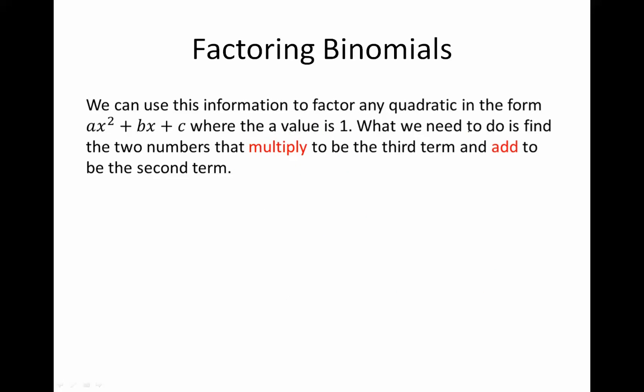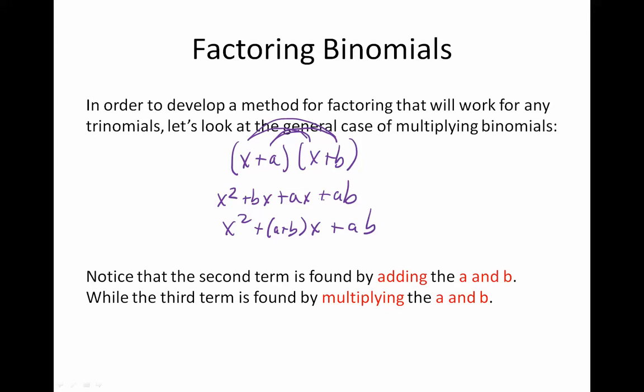And all we need to do this is find the two numbers that multiply to be the third term and add to be the second term. For each of these that we're going to do, there's going to be a set of numbers that multiply to be the third term and add to be the second term, right? That's the mantra here: multiply to be the third term, add to be the second term.